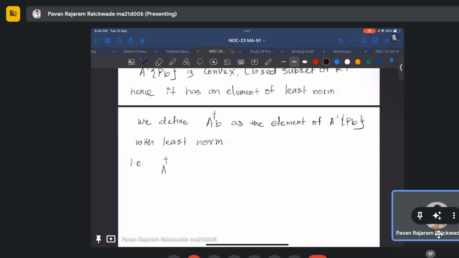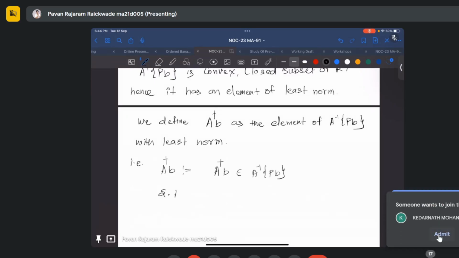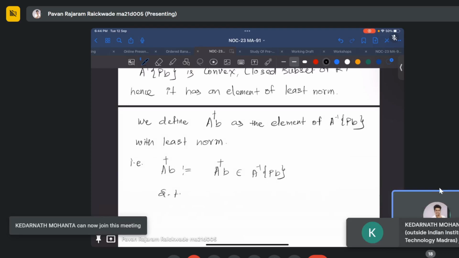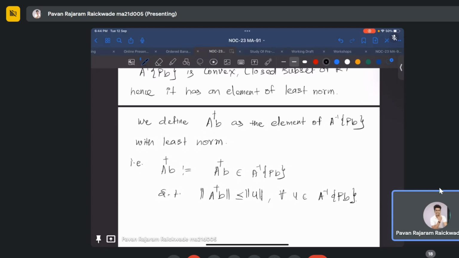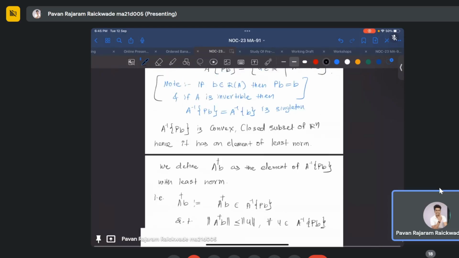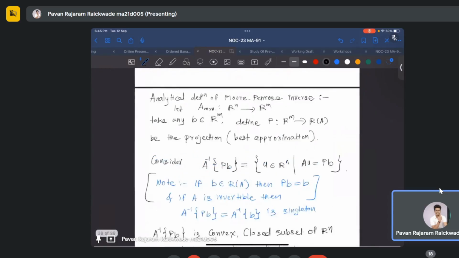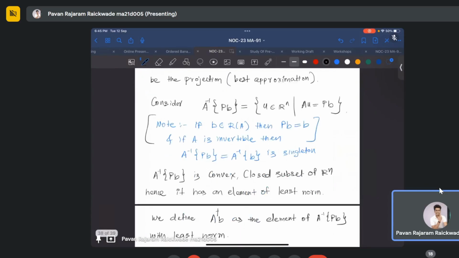A dagger B is defined as an element which belongs to A inverse PB such that norm of A dagger B is less than or equal to norm U for all U belonging to A inverse PB. Okay, this is a precise analytical definition of how a Moore-Penrose inverse is defined.